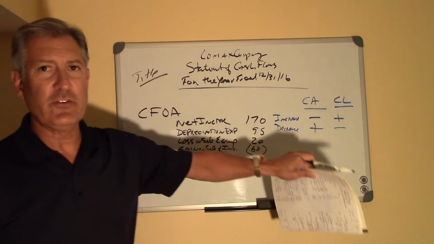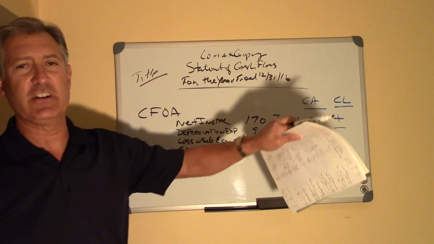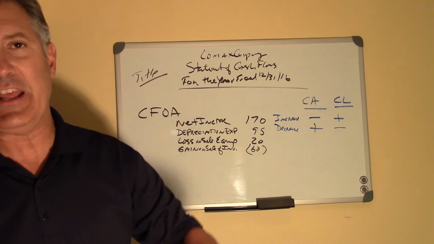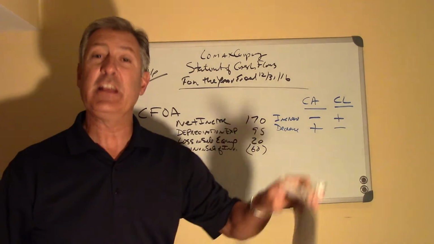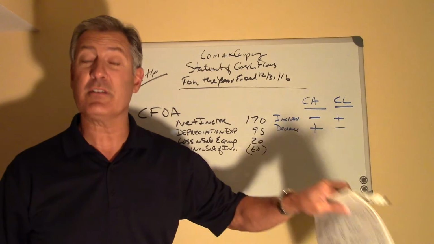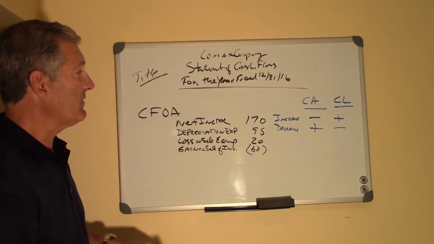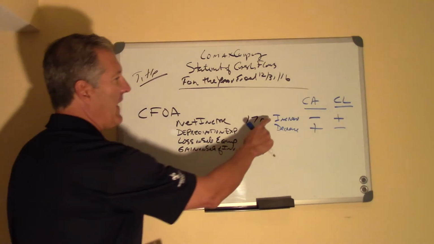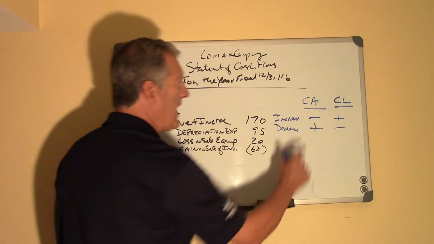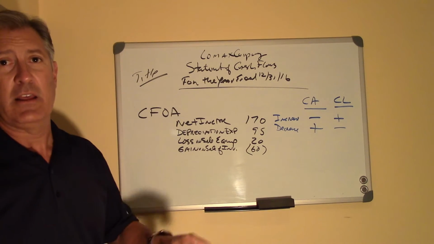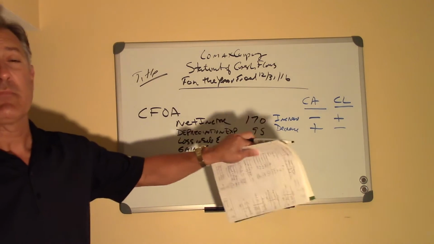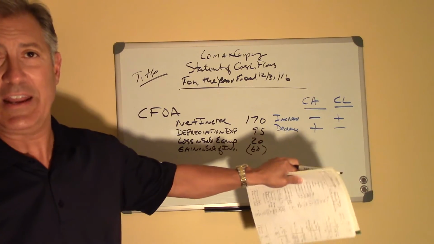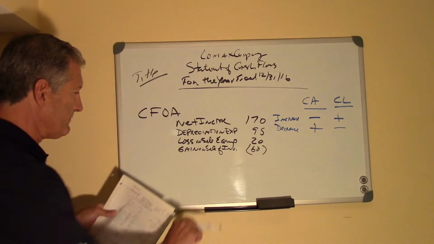Well, what we want to do in the operating activities section of the statement of cash flows is to make adjustments to net income for changes in operating current assets and operating current liabilities. So in this case, if we have a current asset that increases, we want to subtract it from net income. This little chart here indicates to you how to make adjustments to net income for these changes.